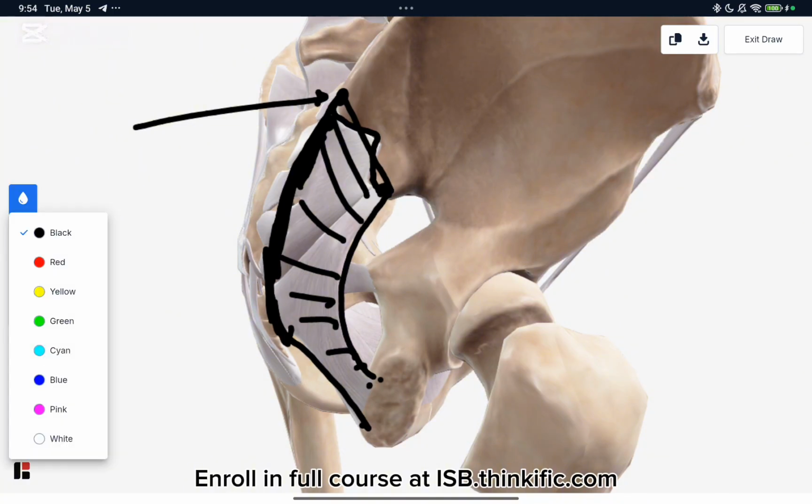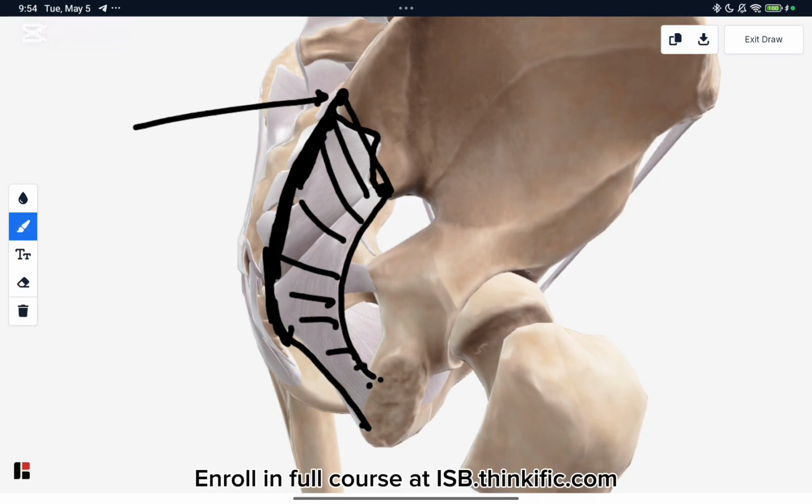This is a wide range of origin, a big area of attachment: posterior inferior iliac spine, posterior superior iliac spine, sacrum, coccyx. And then it moves like that, superficial to the sacrospinous, and attaches to the ischial tuberosity.